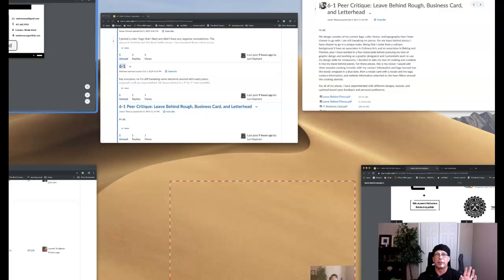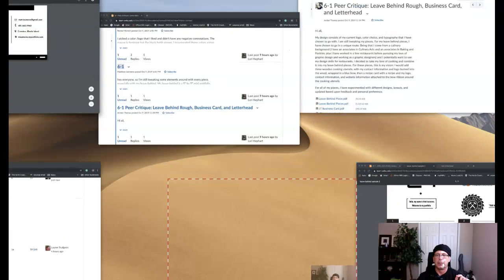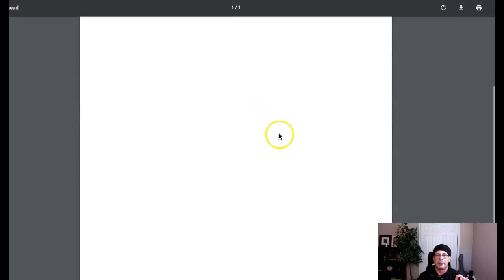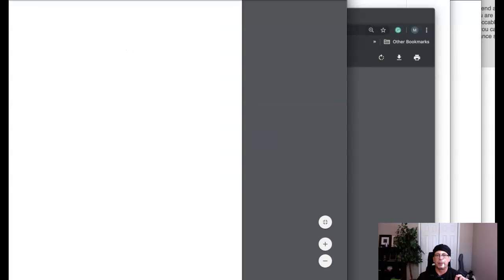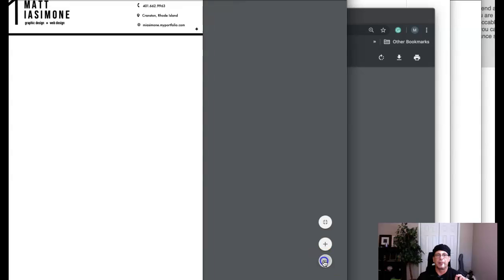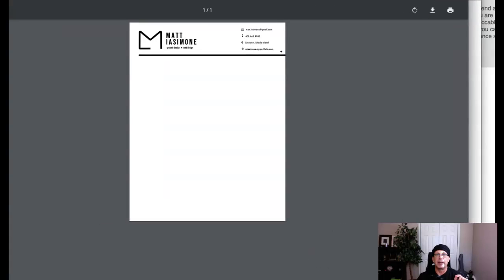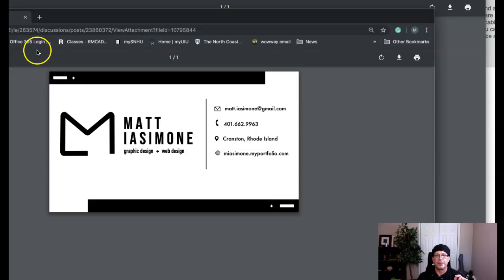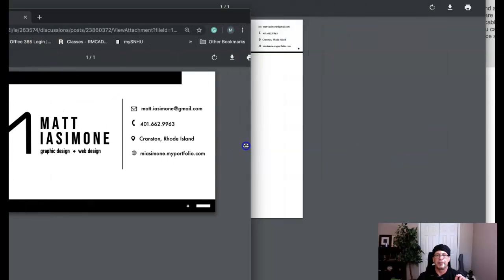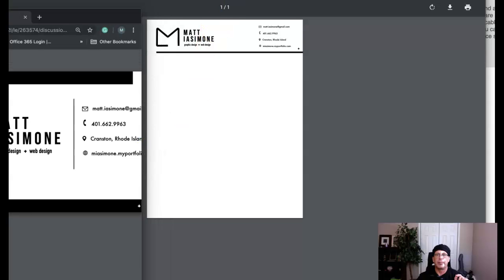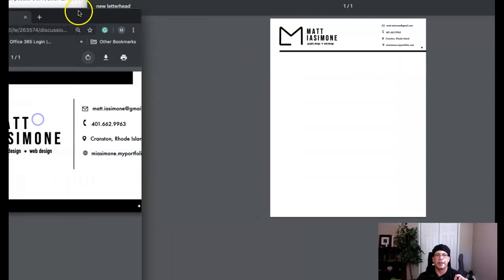So right now, I think we'll jump to the letterhead, which is right here. Okay, so letterhead, what I want to do is reduce the size a little bit, and I want to get a look at the letterhead next to the business card. And that will entail reducing this a little bit, moving this over, bringing this in.